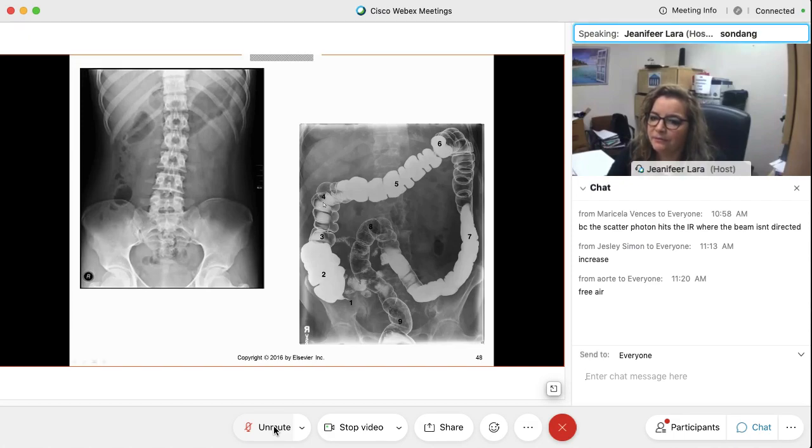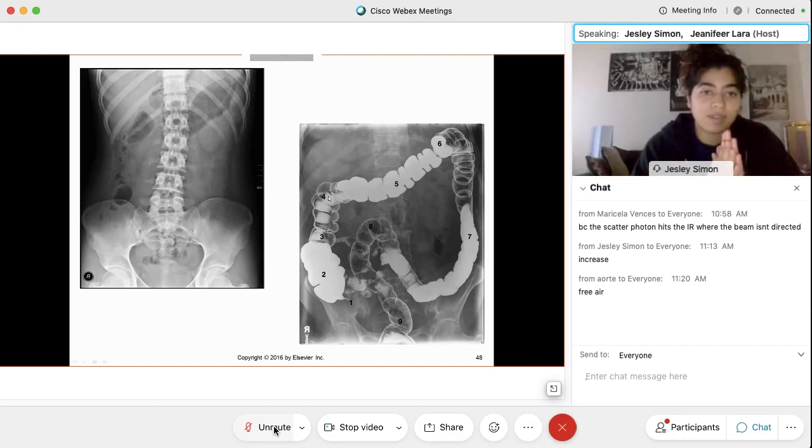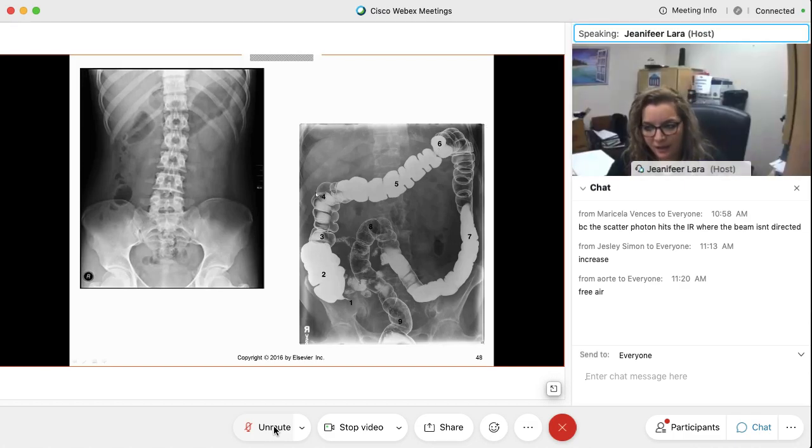We got 2 of them. We got one here and one here. Can I help him? Go ahead. So 4 is the hepatic flexure. 6 is the splenic flexure. Good. Or right colic flexure or left colic flexure. Beautiful. All right, son. You're not the 5.